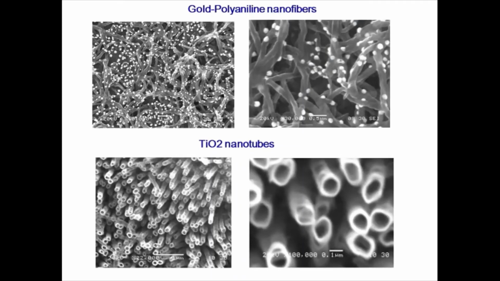There is an etching by the HF and simultaneously oxidation, so we get the formation of titanium nanotubes. The surface gets corroded or eroded in the form of tubes. And the upper ones are the polyaniline fibers coated with gold nanoparticles.